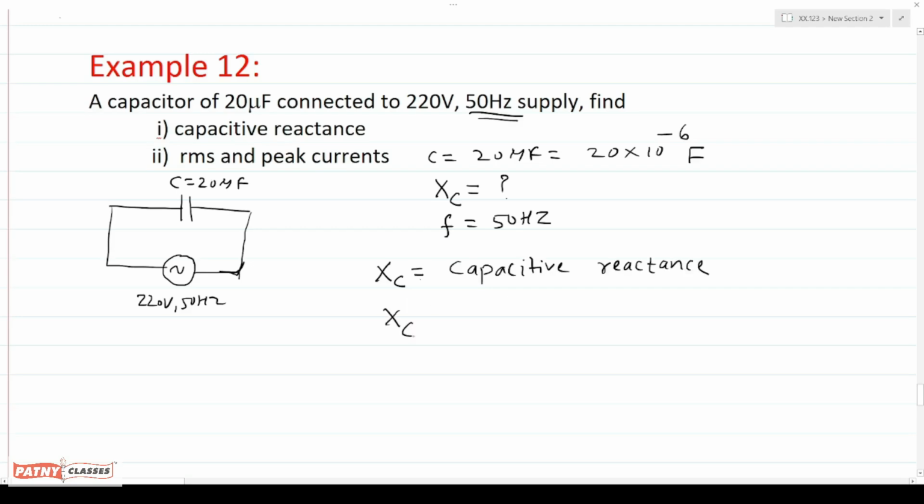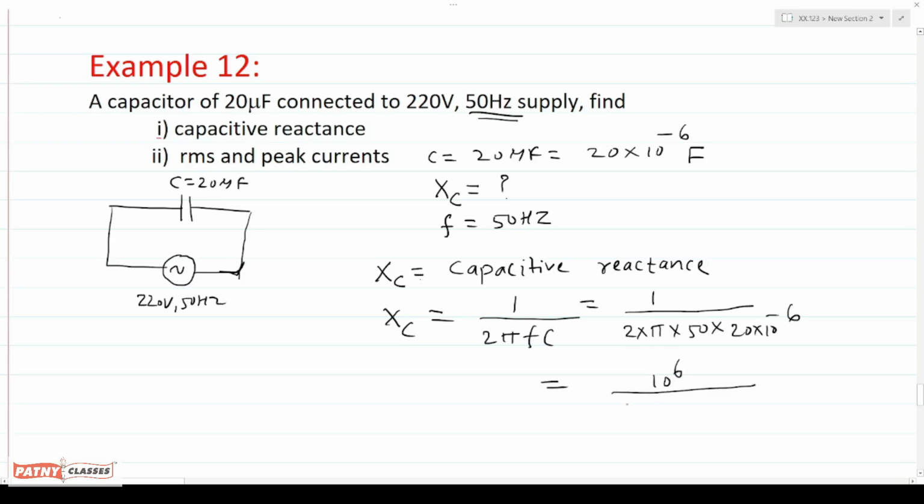So XC equals 1 upon 2 pi FC. This equals 1 upon 2 into pi into 50 into C value 20 into 10 raised to minus 6. That equals 10 raised to 6 upon 2 into pi into 50 into 20.